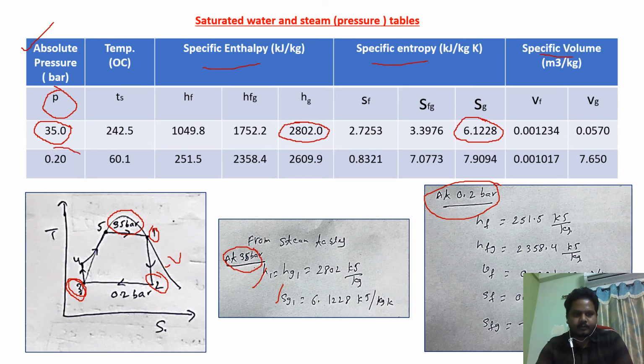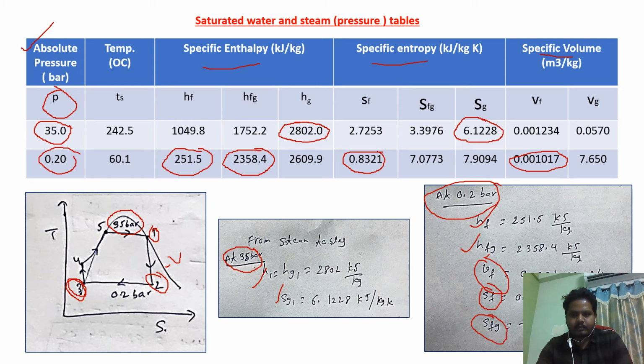If you look at the steam table at 0.2 bar, the Hf value is 251.5, the Hfg value is 2358.4, the Vf value is 0.001017, the Sf value is 0.8321 and the Sfg value is 7.0073.